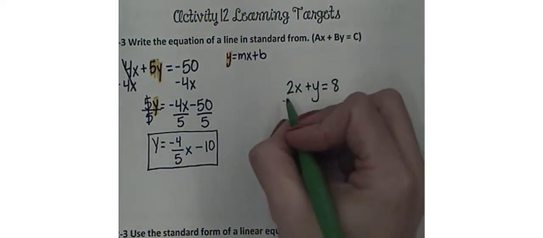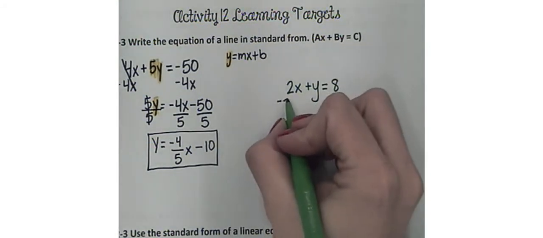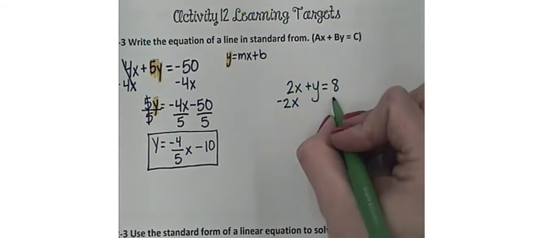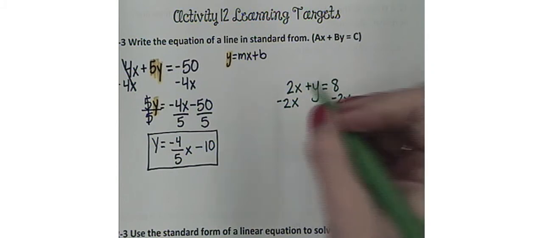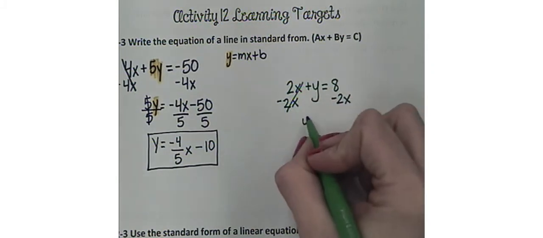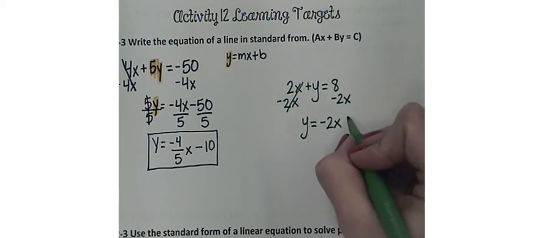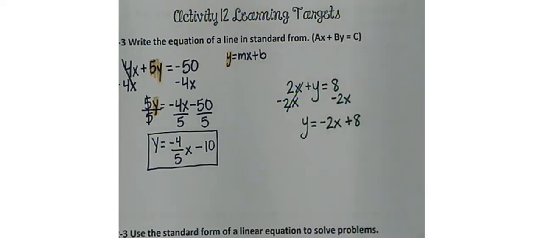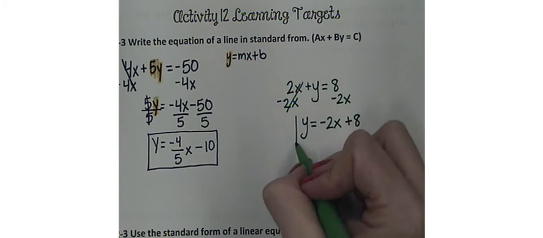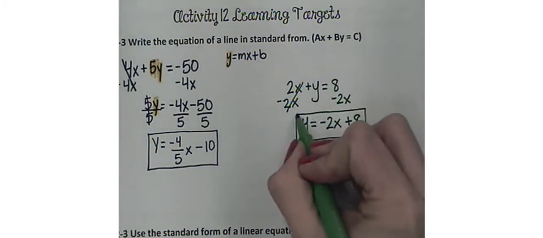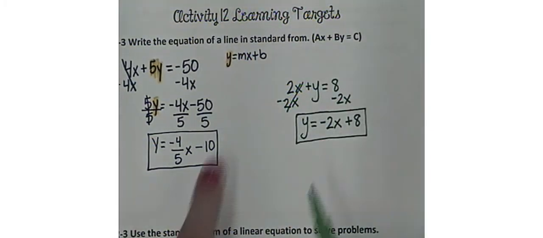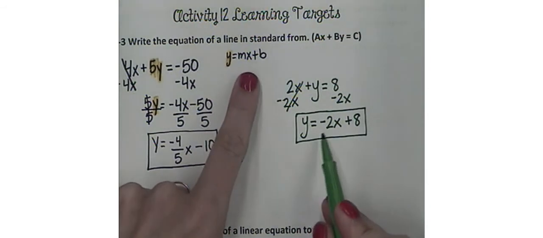It's positive, so the opposite is to subtract 2x. That cancels. Y equals, I want to write my negative 2x first, then my plus 8. Those are unlike terms, so don't combine them together. That would be my final answer. It looks like y equals mx plus b.